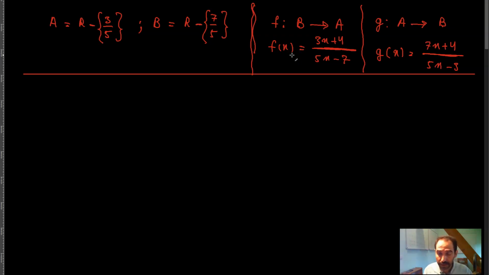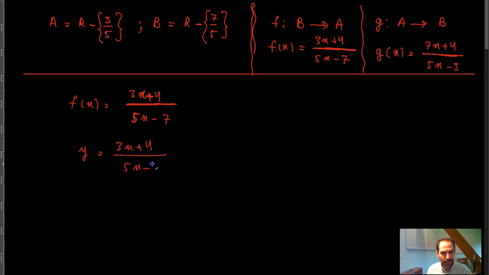Moreover, if you take f of x equal to 3x plus 4 over 5x minus 7 and calculate the inverse of this function, I set f of x equal to y, so y equals 3x plus 4 over 5x minus 7.